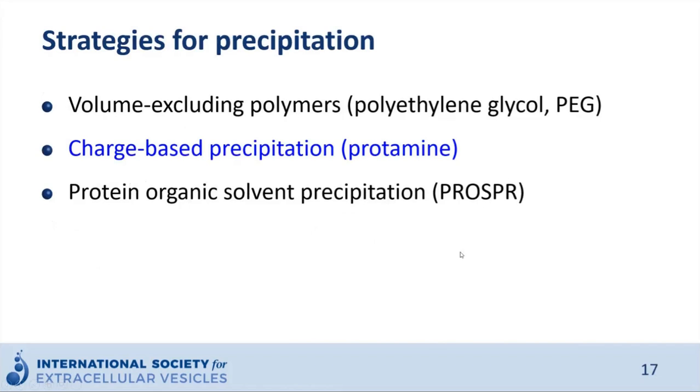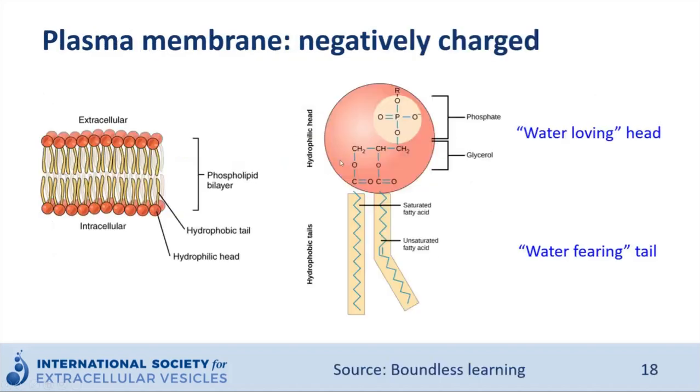So let's move on to see the charge-based precipitation. An EV has a phospholipid bilayer membrane. When we look at a single phospholipid, it has a negatively charged head, which is hydrophilic or water-loving.